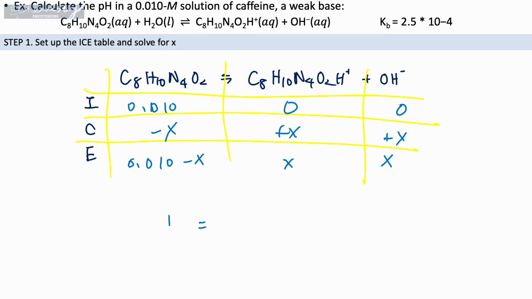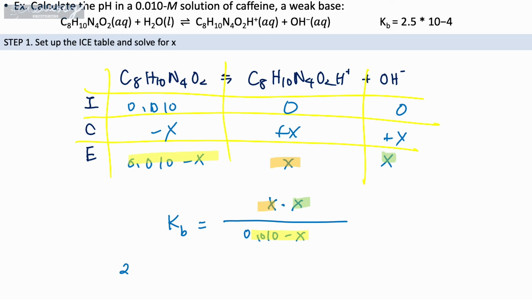So Kb is going to equal everything on the right side, so x times x, divided by everything on the left side. So that is this times this divided by this. So again, the Kb has to be expressed using the equilibrium concentrations.